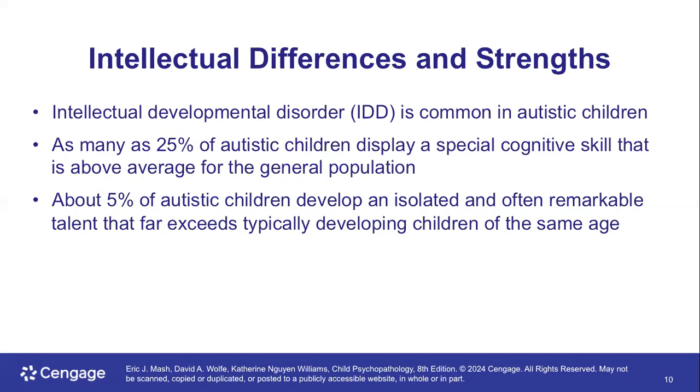And we see as many as 25% of autistic children show some level of above average intelligence. And we also see about 5% having some kind of splinter skill, or you might hear it referred to as a savant ability.